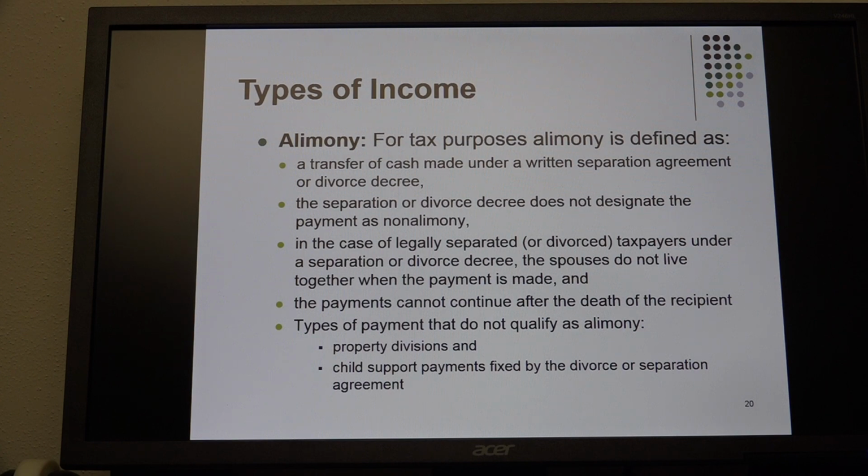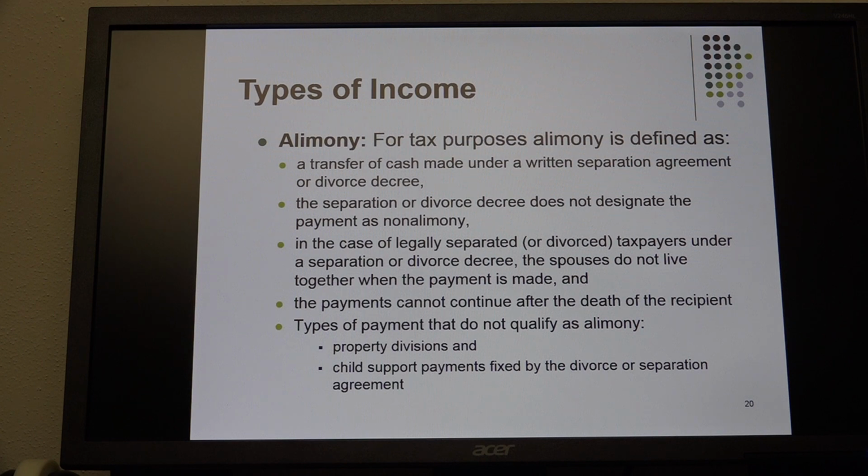And so notice the types of payment that do not qualify as alimony. I mentioned this before, but I'll mention it again. Property divisions are not alimony and are not taxable. Child support payments are not taxable.